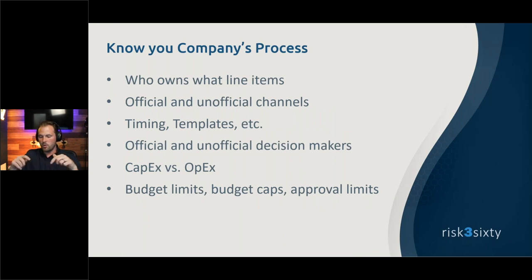In terms of knowing your company's process, there's a few things that I would highly encourage you to do your homework on in advance of making budget requests, so that you can be successful at your organization. So number one is understanding in your budget who owns which line items. What I mean by that is, and I'll show you a specific example in just a second, if you take something like identity and access management.